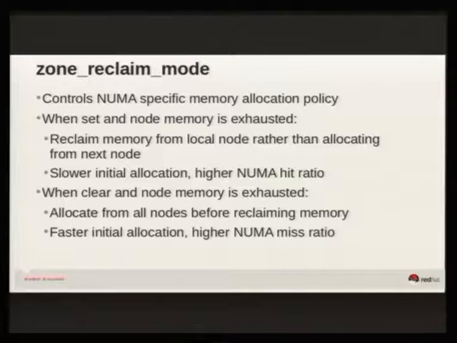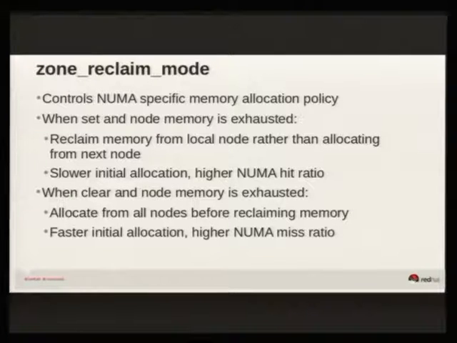It's set by default at boot time, and it's set based on that SLIT table. If the kernel determines that the average cost of cross-node memory references is more expensive than reclaiming memory over the long run, then it'll turn this flag on so that it will do local memory reclaiming versus hopping onto the other node. And this is also a trade-off.